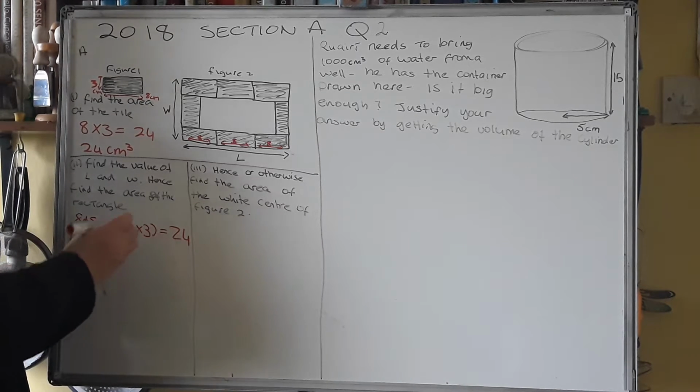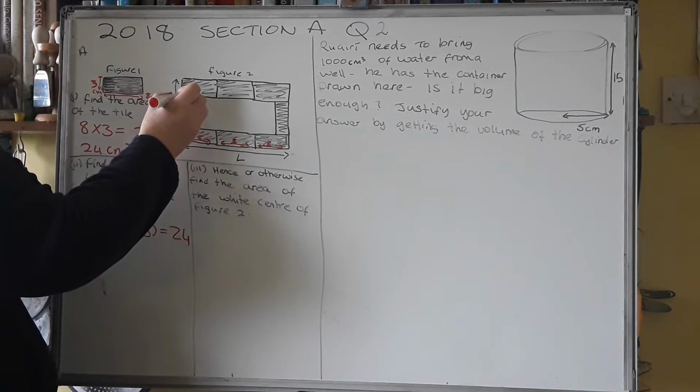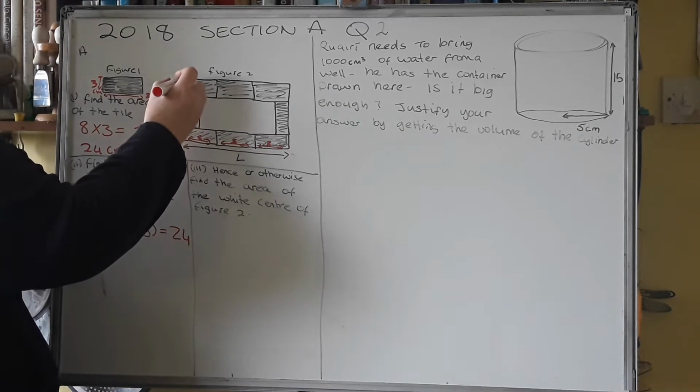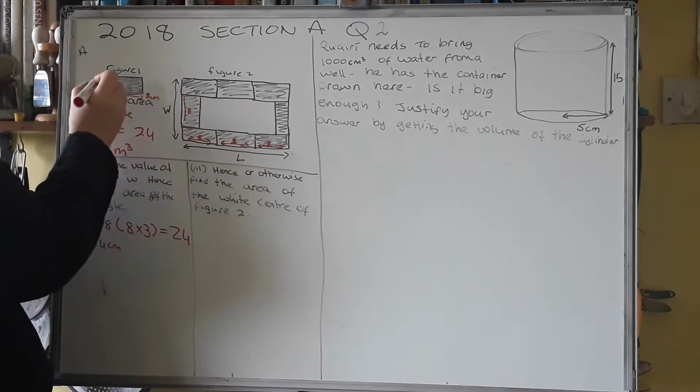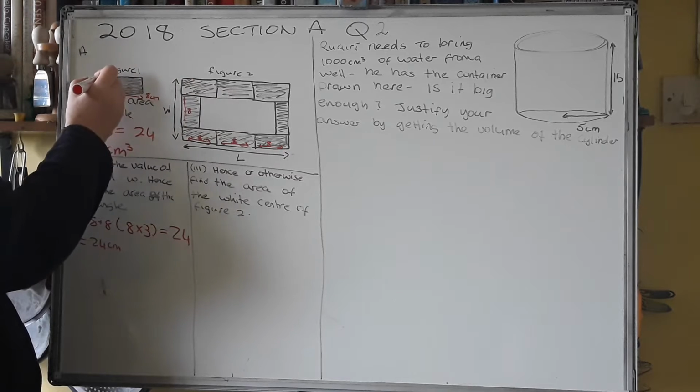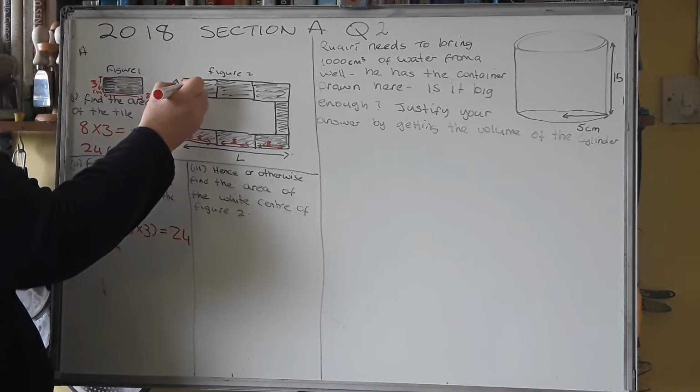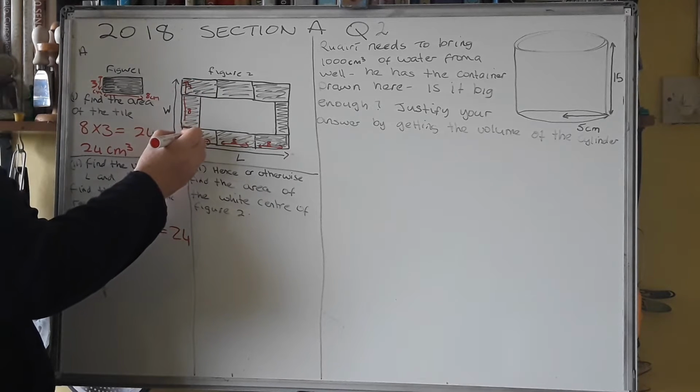centimetres. Now the width, that's one block plus the end of 2 other blocks. So we know that the length of this is 8, and aside this bit, we know that that's 3, and we know that that one is another 3.